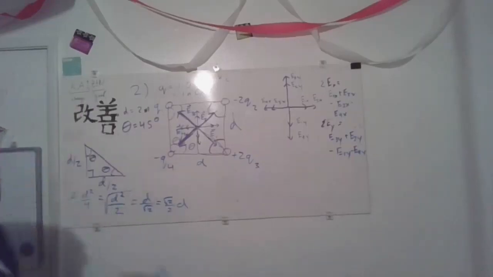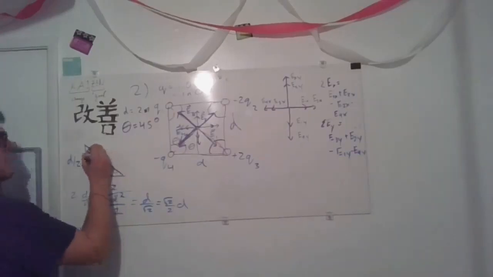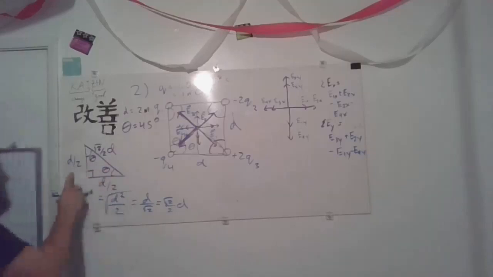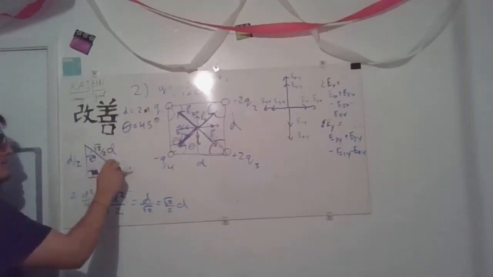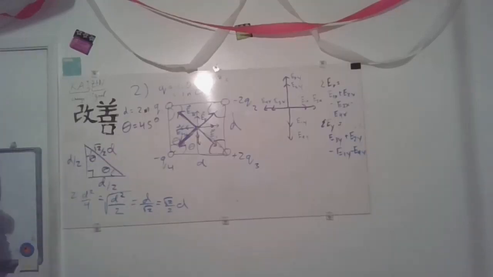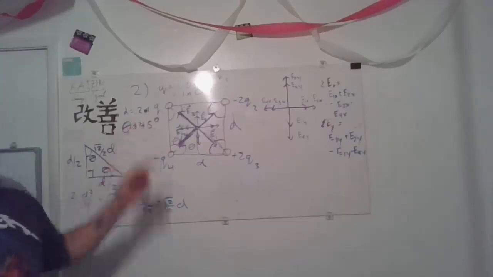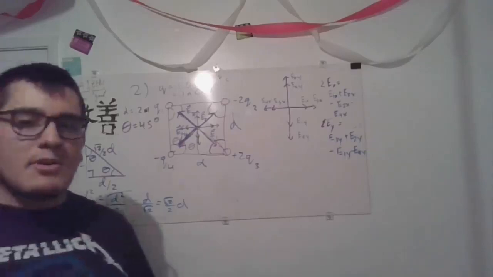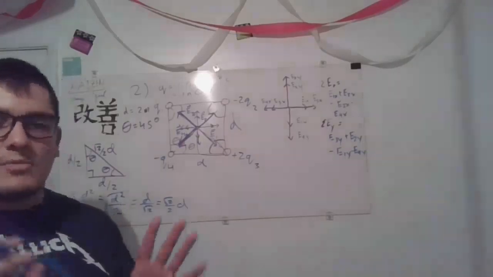That makes sense with everybody. So this here is radical 2 over 2 times D. This is D by 2, that's D by 2, so radical 2 over 2 times D. You could also plug in D if you wanted to, if that made it easier for you. However, I like to work all with terms.